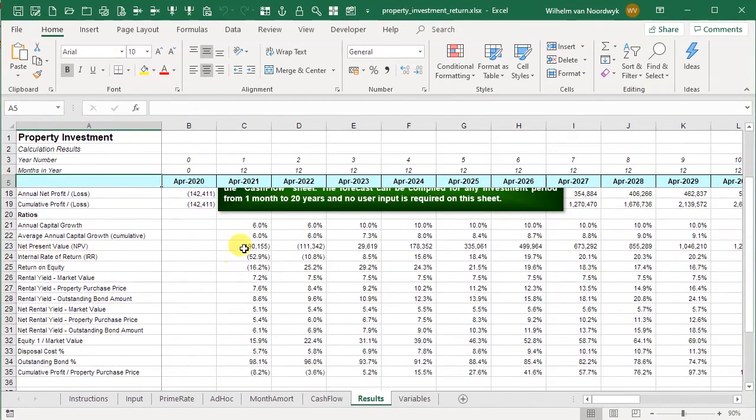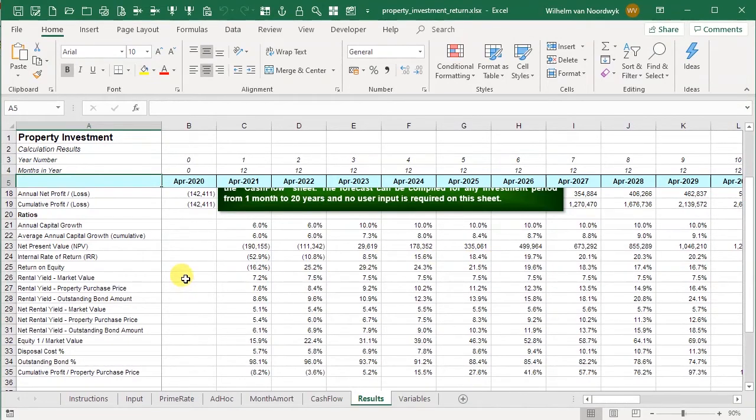We have the net present value, which basically expresses whether an investment is positive or negative in terms of net present value. If it's positive, it's a good sign. Then we have internal rate of return, which basically is a cumulative investment return percentage over the entire investment period. We have a return on equity, which is an annual return on the equity invested.